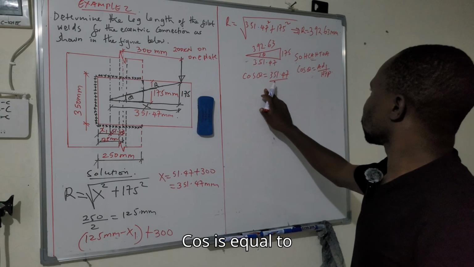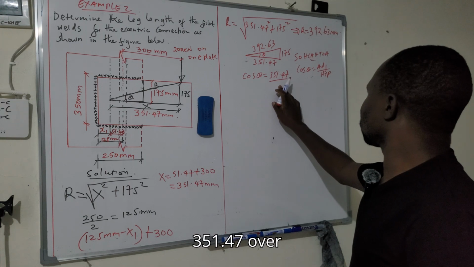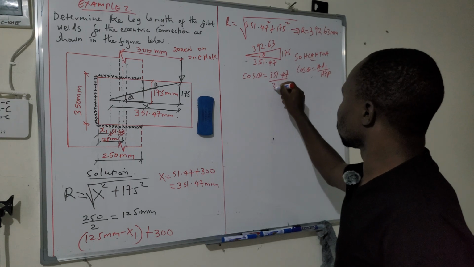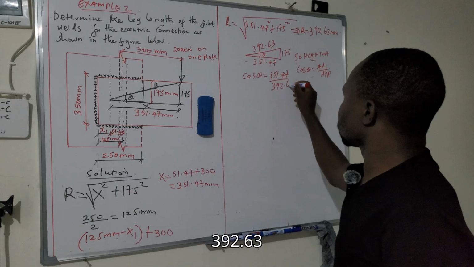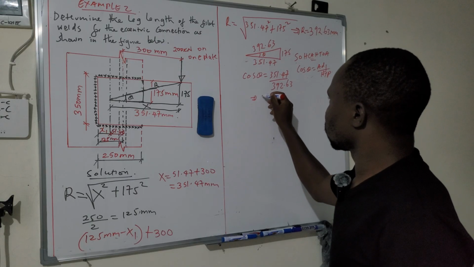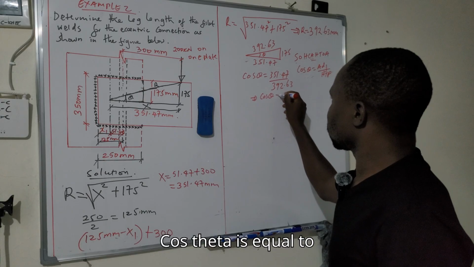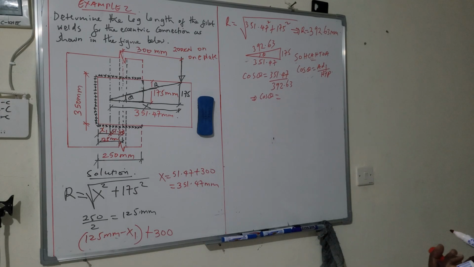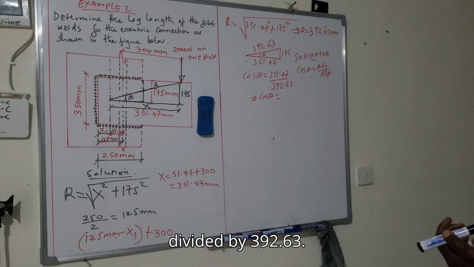So cos theta is equal to 351.47 over 392.63, which imply cos theta is equal to 351.47 divided by 392.63.